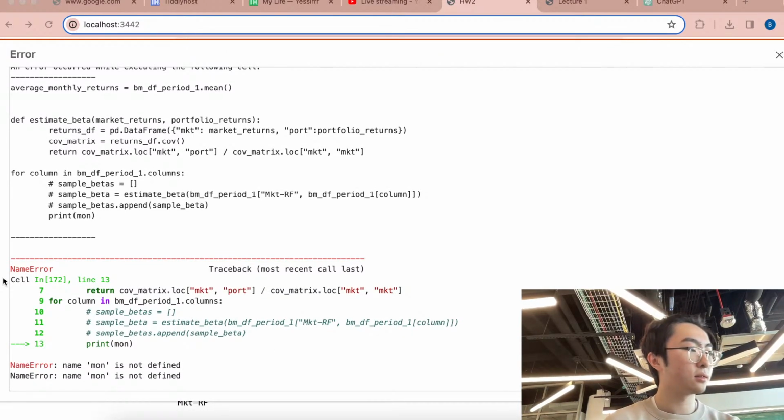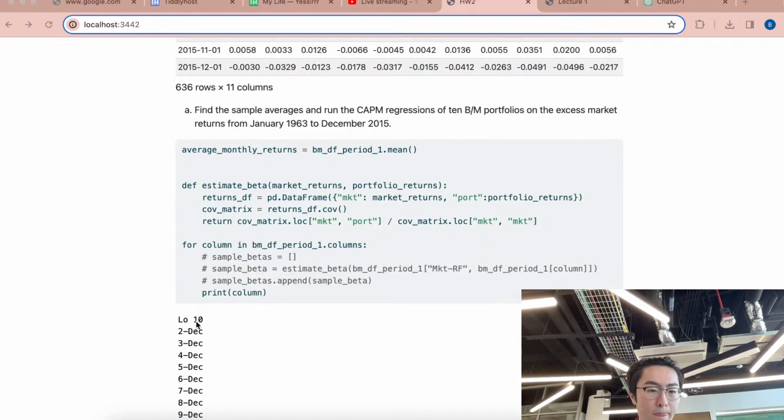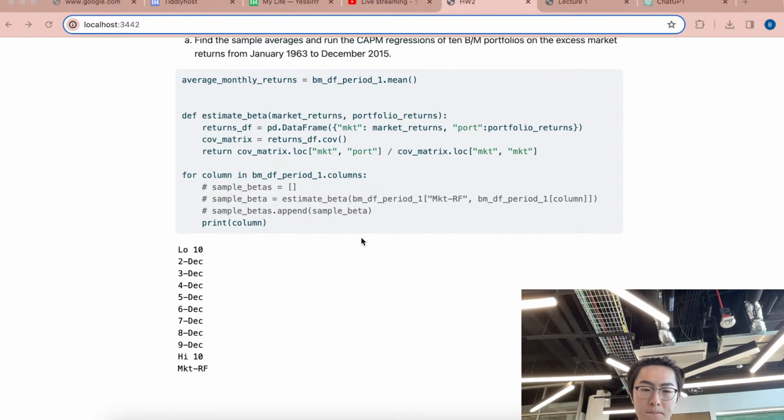Oh. No, this should be good. Okay, let's see why this doesn't work actually.